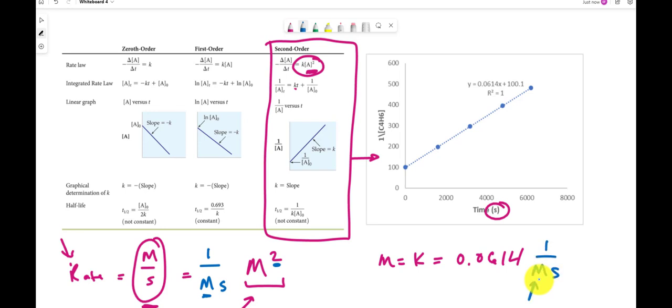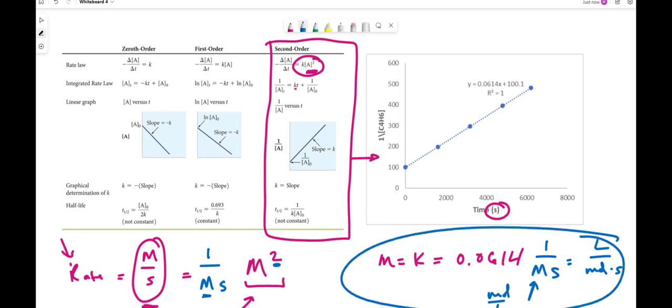Remember, this is moles per liter whenever I write a big molarity like that, so this is equivalent to liters per mole second if I were to do a little rearranging with algebra. That would then allow us to feed that constant back into an integrated rate law and figure out after some duration of time what the concentration of our species is.